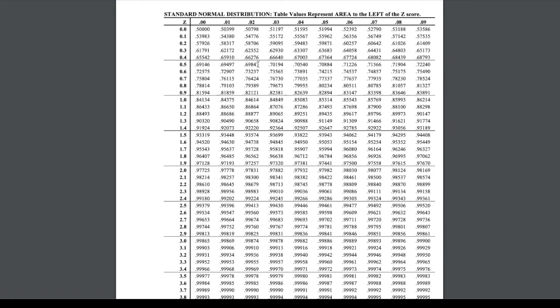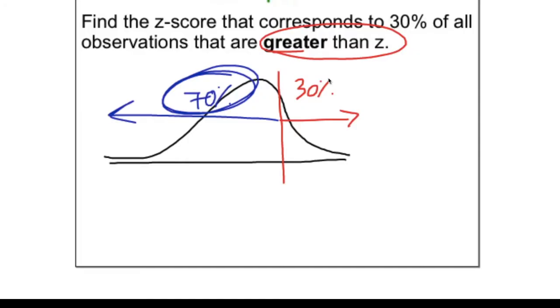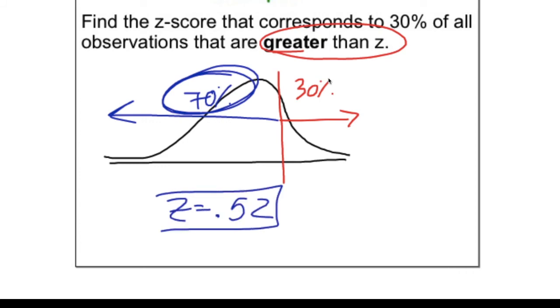Okay? And so again, yes, 0.53 would be close, but 0.52 would be even just a little bit closer. And so that is your z-score that corresponds to 30% of all observations that are greater than z.